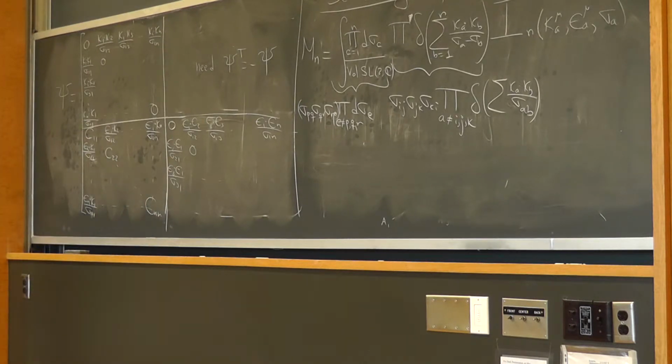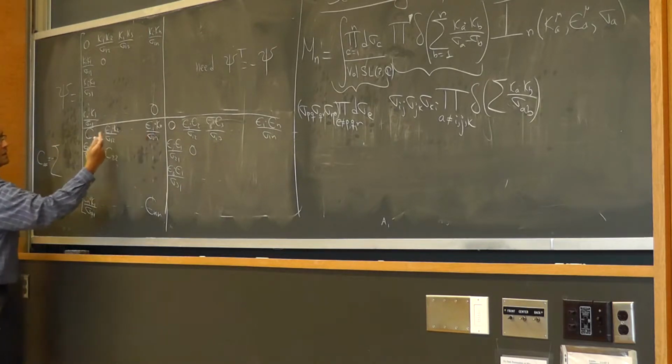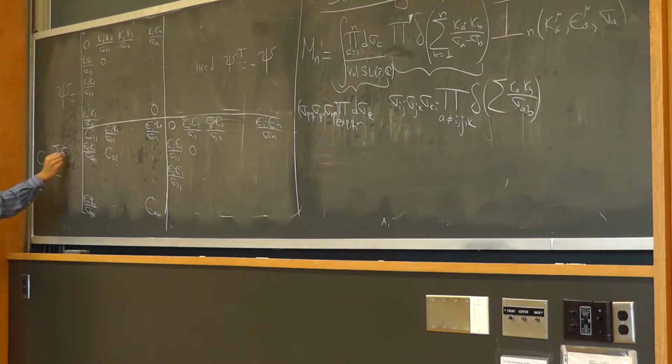But these entries are nothing but minus the sum of the remaining guys in that particular row. Okay? Now I'm done. That's the object.